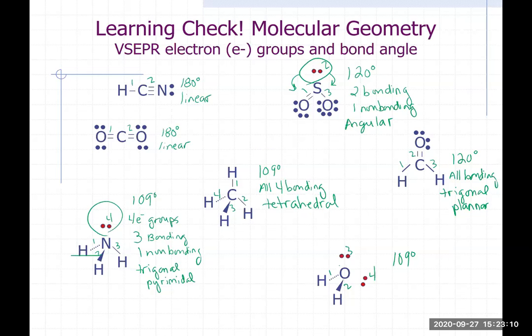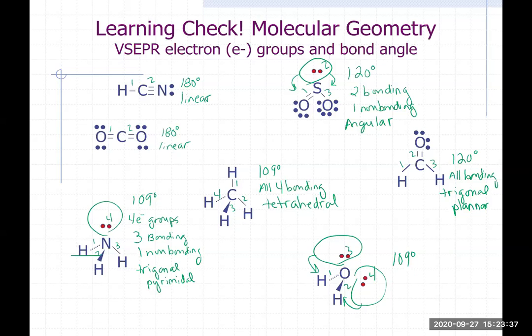Now we have 2 big lone pairs, and so that's even pushing a little bit more. Water is somewhere around maybe 105 or 106 degree bond angle, but again, you don't have to memorize that bond angle for every different molecule. I just want you to remember the starting point, and that's 109 degrees, and then be able to explain that it's compressed somehow because of those lone pairs.